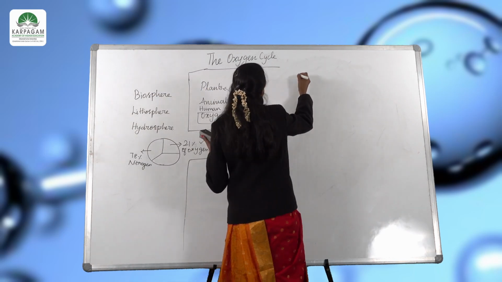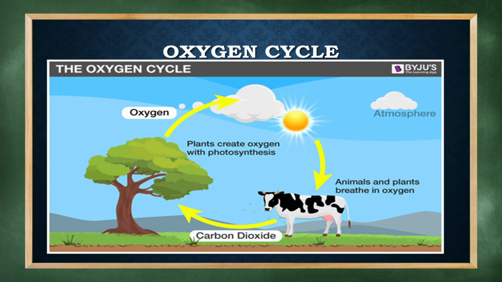So the next thing is, let me tell you the oxygen cycle. We have trees or plants that are involved in the process of photosynthesis.